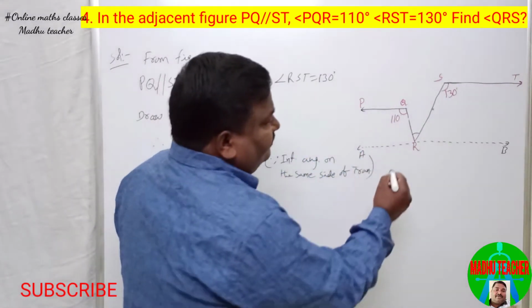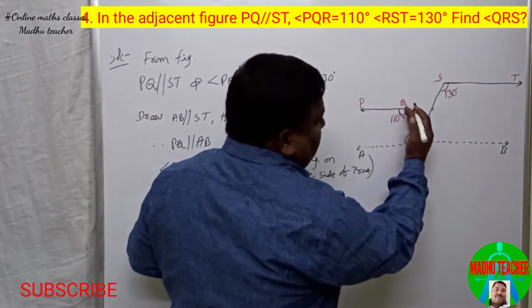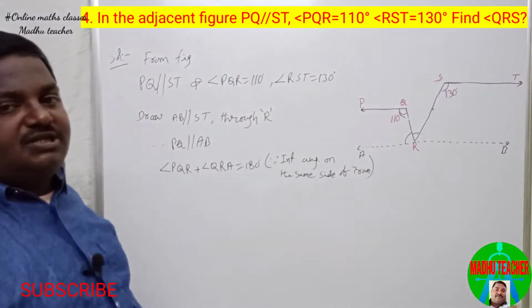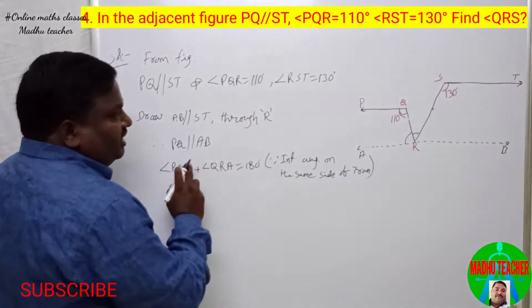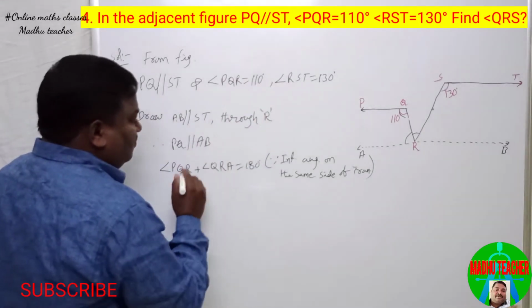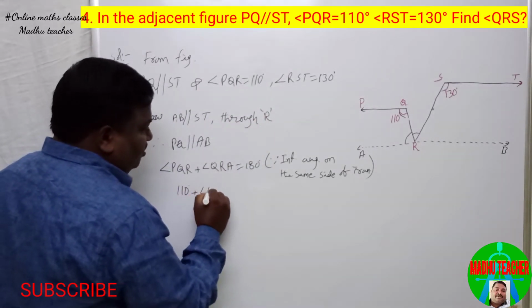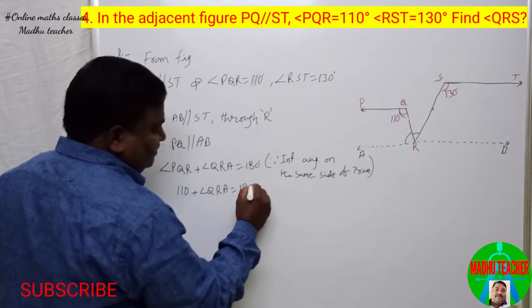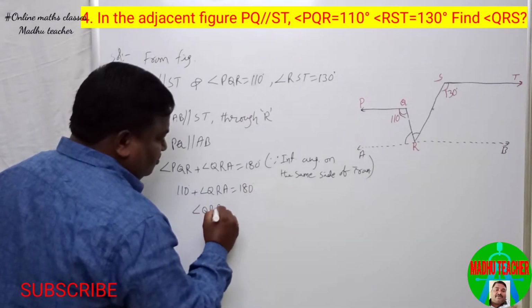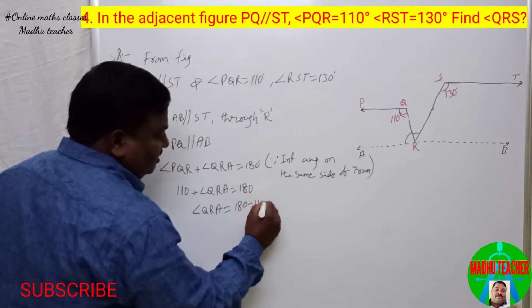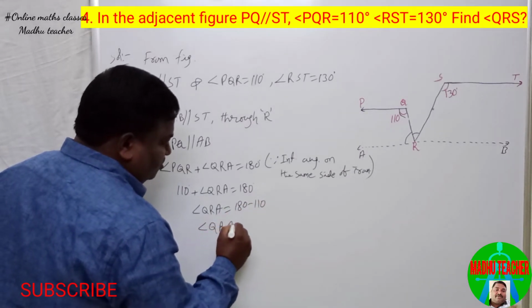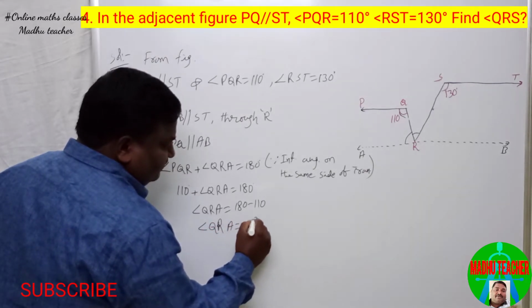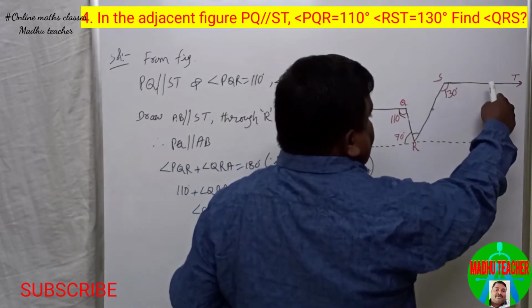These two angles are on the same side of the transversal, therefore they are supplementary angles. We know angle PQR is 110 degrees, so 110 degrees plus angle QRA equals 180 degrees. So angle QRA equals 180 minus 110, that is angle QRA equals 70 degrees.